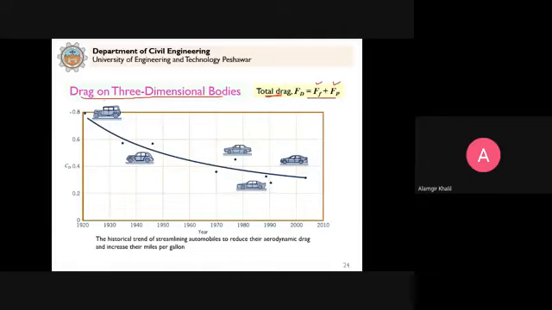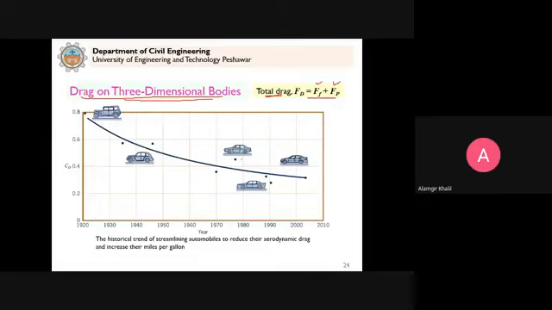Earlier we stated that the flow past a car is three-dimensional. You saw in the picture, the flow is three-dimensional. And we are very much interested because we are using cars in our daily life for transportation purposes. So we want to make them more efficient, move faster, more fuel efficient.